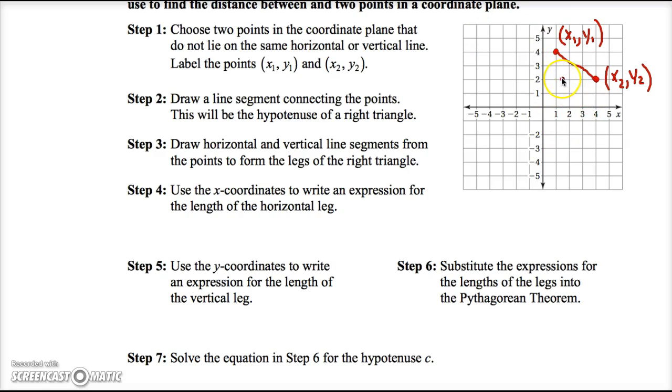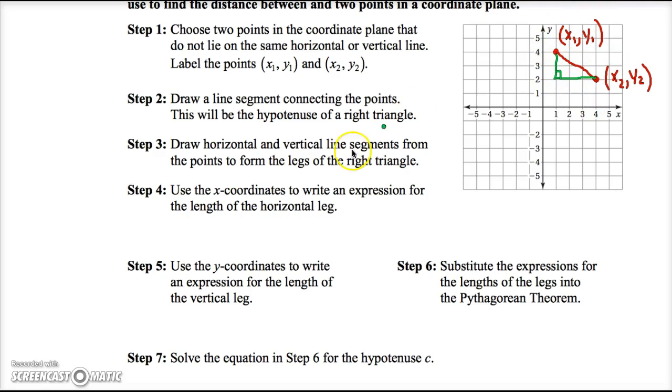Now, there are 2 ways you could do this. Okay, I could complete my right triangle right here, or I could complete it right here, drawing a horizontal and a vertical line. I'm going to do the one down here. So we'll draw a vertical and a horizontal line. And do you see how it created a right triangle?